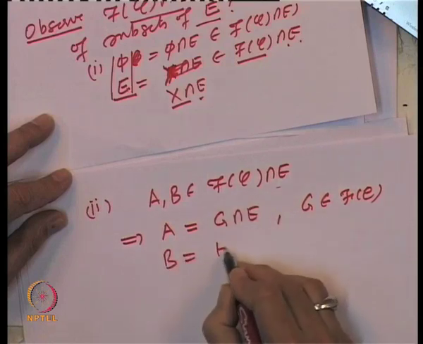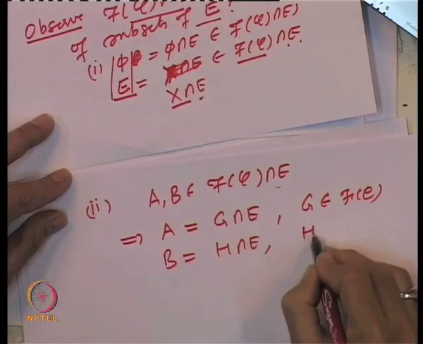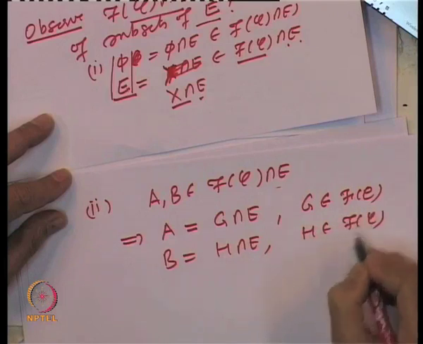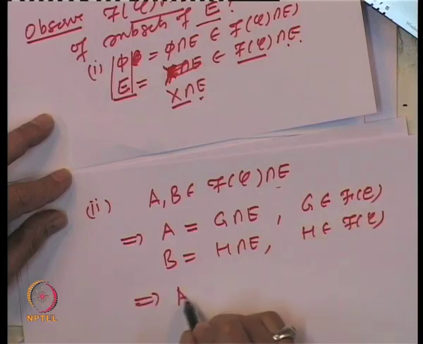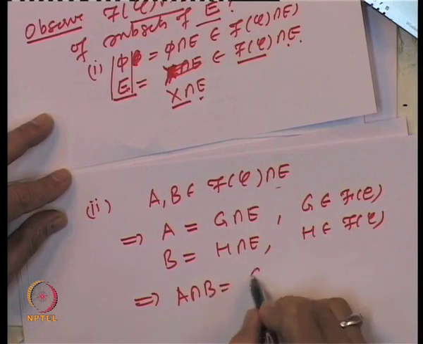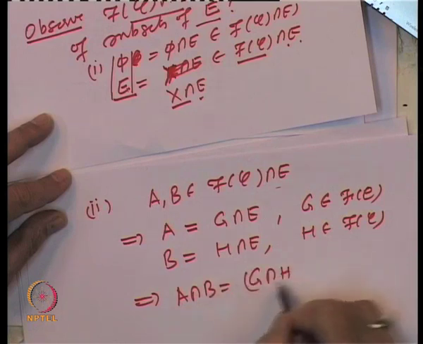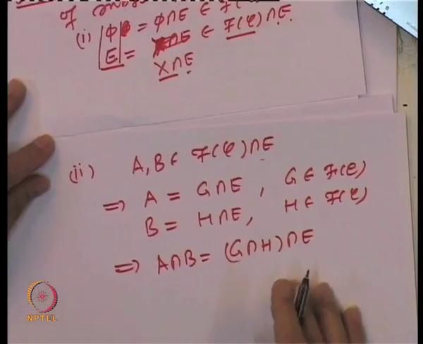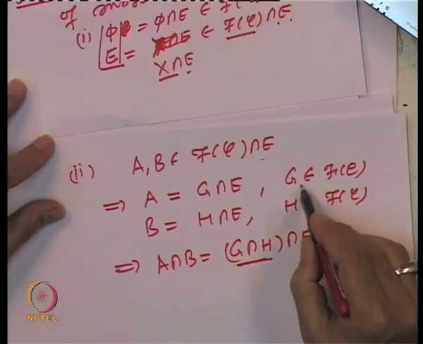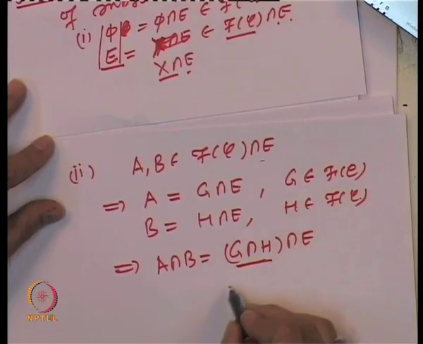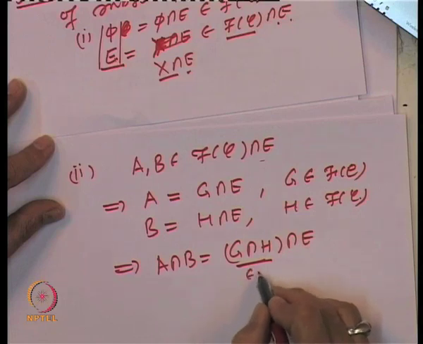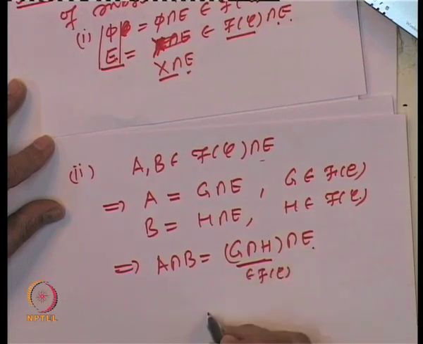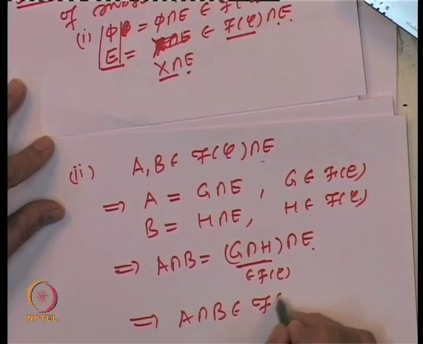So, B is written as some H intersection E, where H belongs to F of C. So, that implies A intersection B is written as G intersection H intersection E. And now, G and H both belong to F of C, so G intersection H belongs to F of C. So, A intersection B belongs to F of C intersection E.